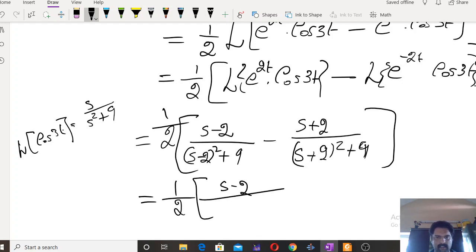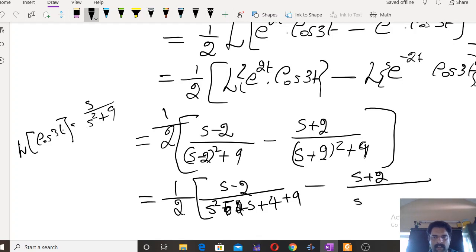So this is equal to 1 by 2 into s minus 2 divided by s square minus 4s plus 4 plus 9, minus s plus 2 divided by s square plus 4s plus 4 plus 9.